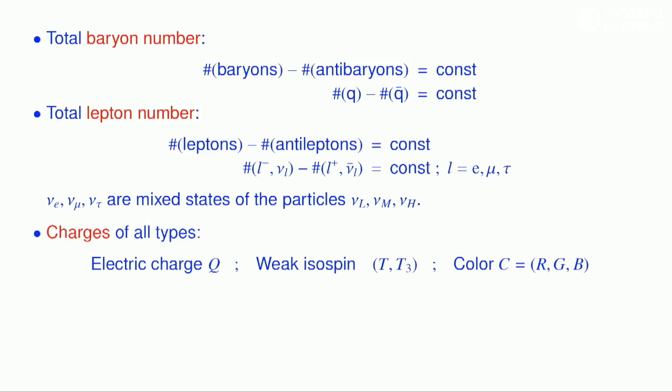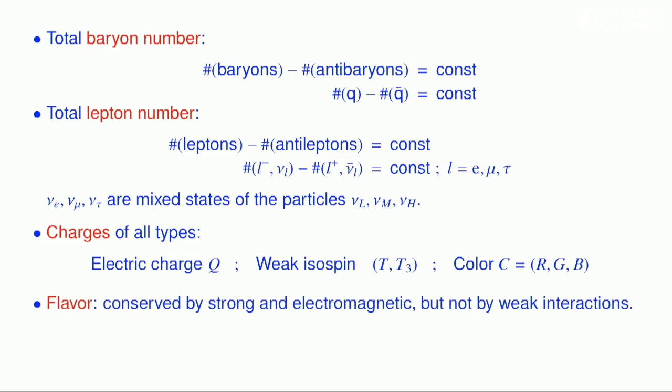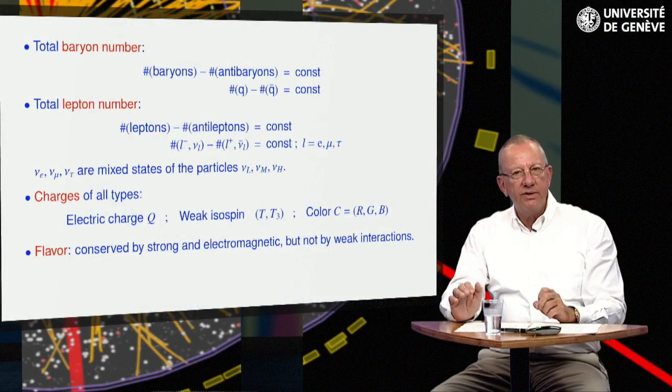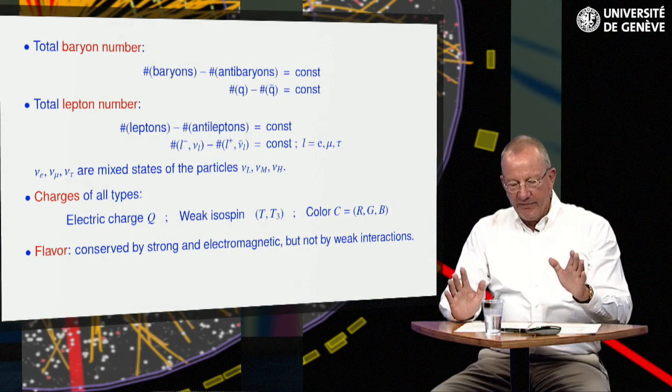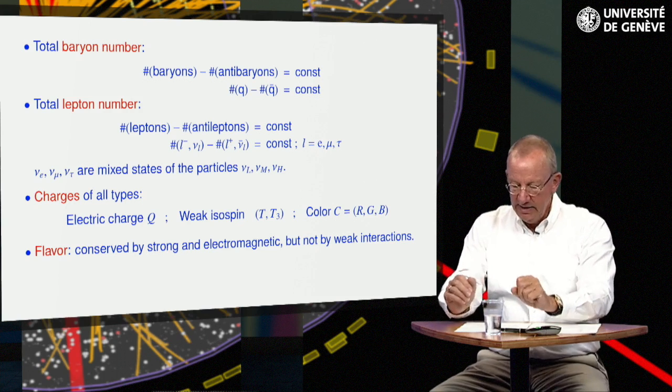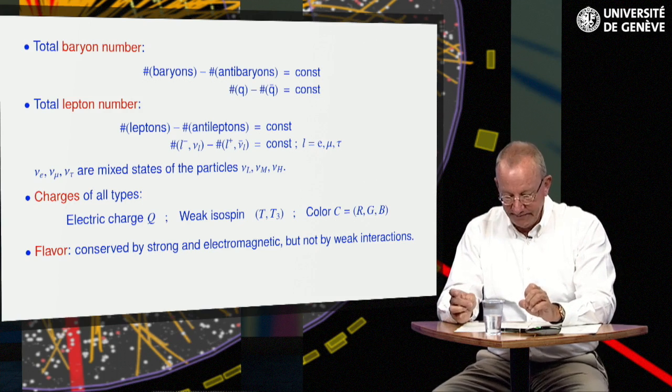This evidently concerns the electric charge Q that you're familiar with, but also the weak isospin T and T3 and the color charges R, G, and B. The flavor, which distinguishes between generations, is a special case. It is conserved by the strong and electromagnetic interactions, but can be altered by the weak one. We will define what it exactly means to conserve a quantum number when we discuss Feynman diagrams in part 1.5 first of this module, and then later in video 4.1a.